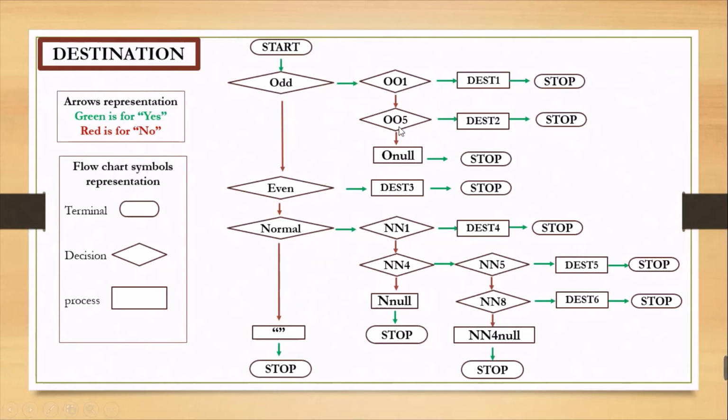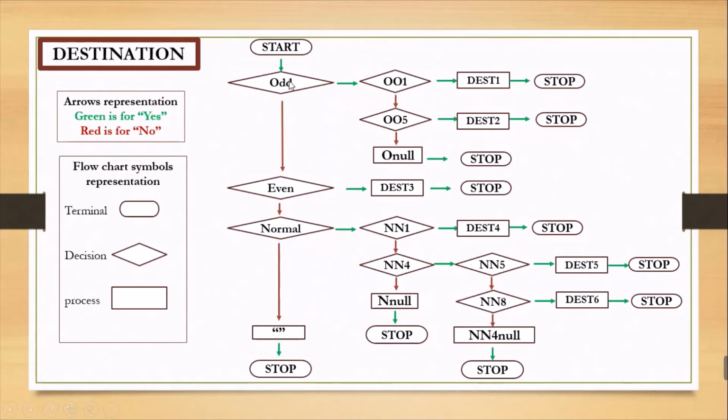If it's 005, it takes destination 2, and the process stops. If not 005, it puts in the default value 0 null, as explained earlier, showing us that he actually made a route type selection of odd, but he didn't select any step that is available for the odd route type. So it has a 0 null, then it stops.